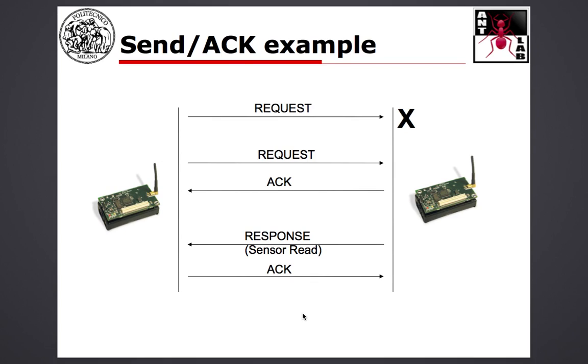So imagine that the second sensor contains some sort of temperature or humidity sensor, and we will actually trigger the acquisition of a measure from these sensors, put the value into a packet, and transmit it back to the first node. At this point, having received the response, the first node will send an acknowledgement back to the second node.